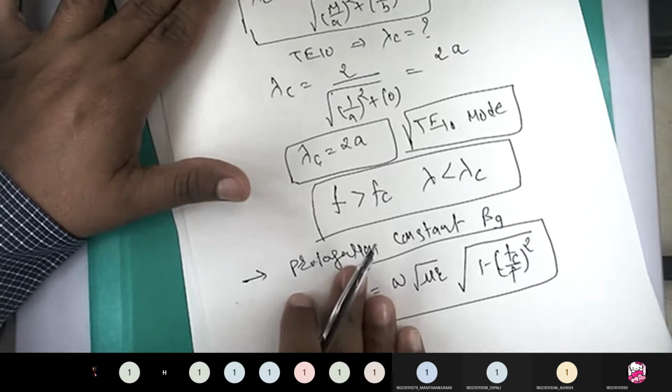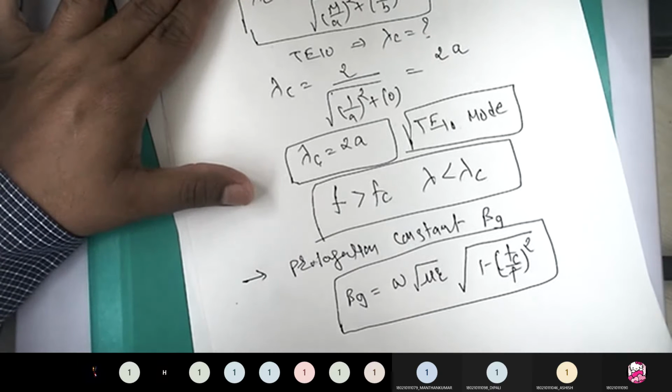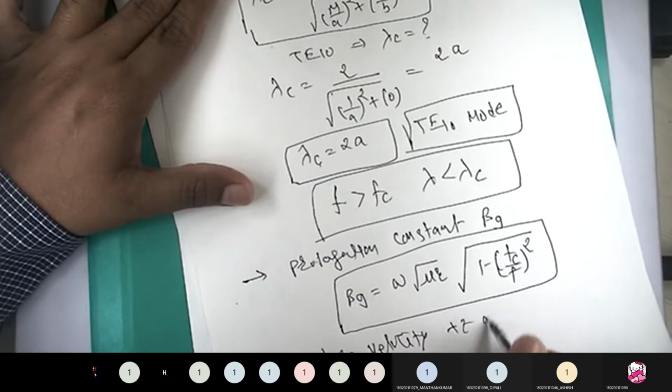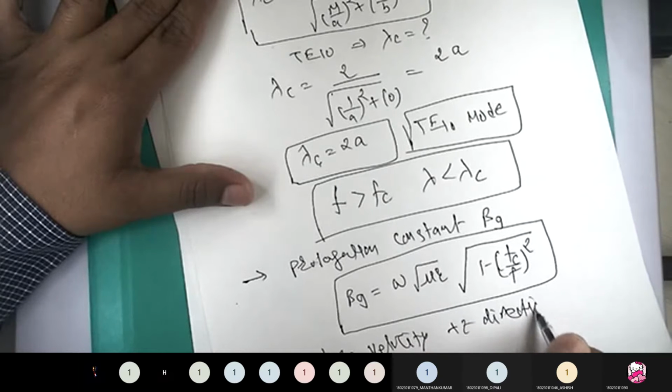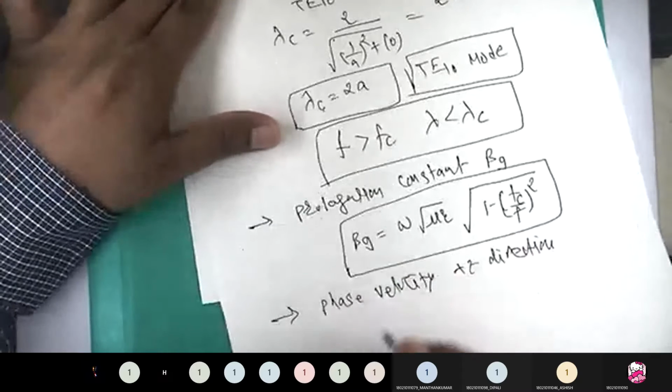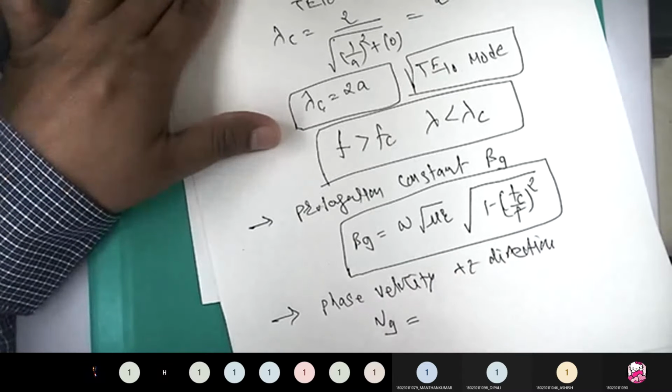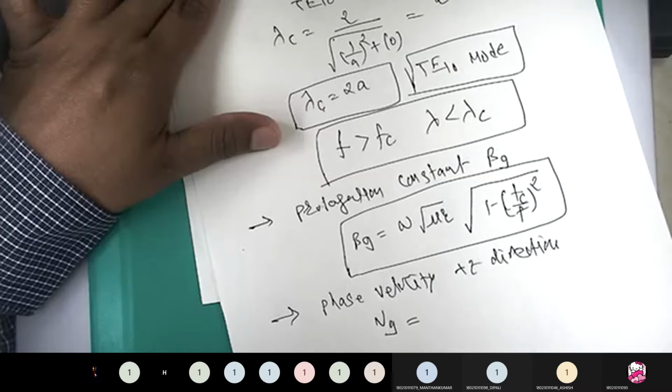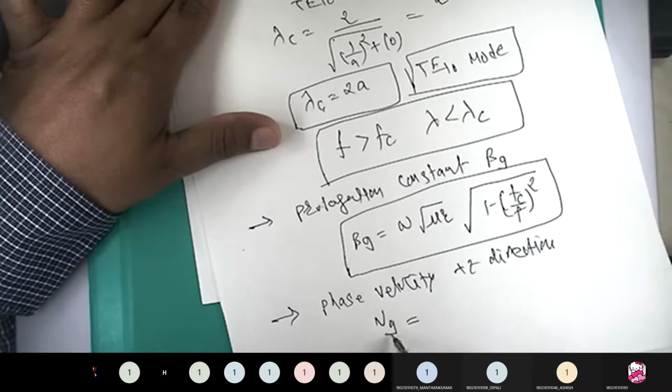We can also have another parameter, and that is the phase velocity. What will be the velocity of that wave inside the waveguide in, for example, a particular z direction? You can find it using this formula, the vg. Earlier it was a simple v, the wave velocity in free space, but because here it is a guide, it is considered the guide phase velocity.